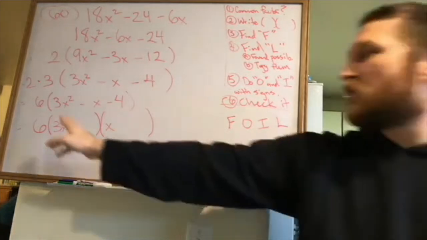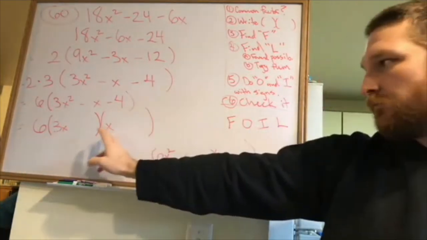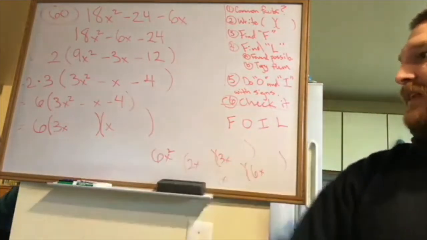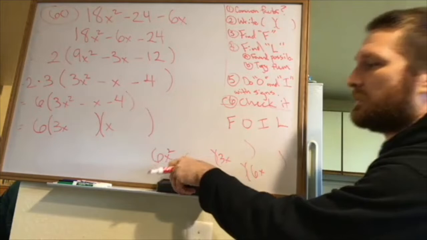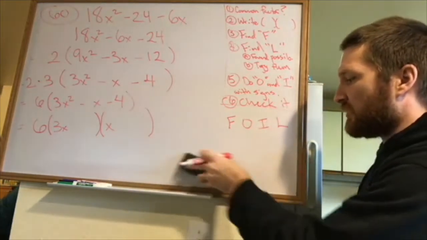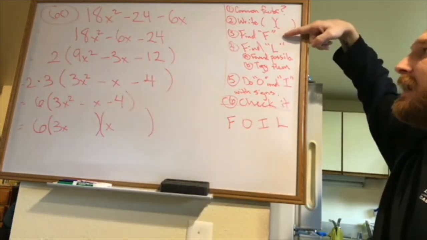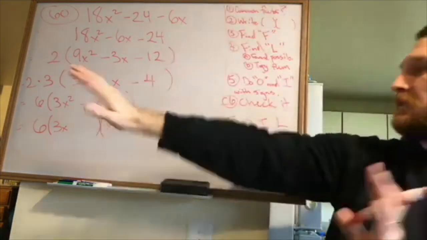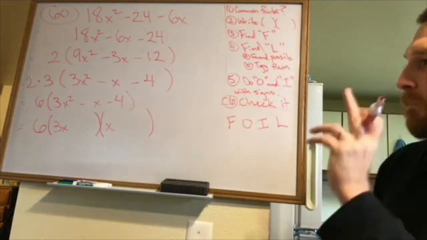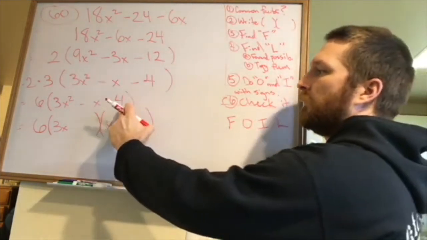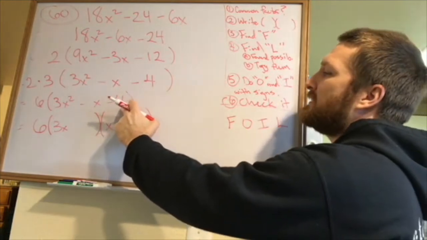But in this case, there's only one way of doing it. You have to have a 3x, you have to have an x. That's the only way. So it looks like we won't have to come back and try different F. We're lucky, it's nice. So now, L, what are my possibilities for L?